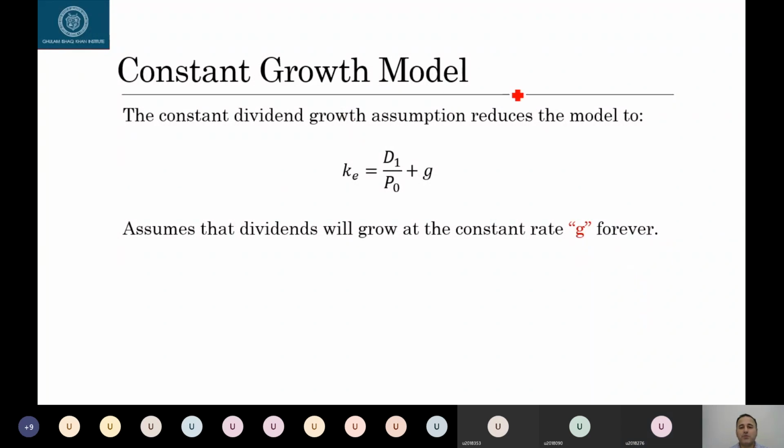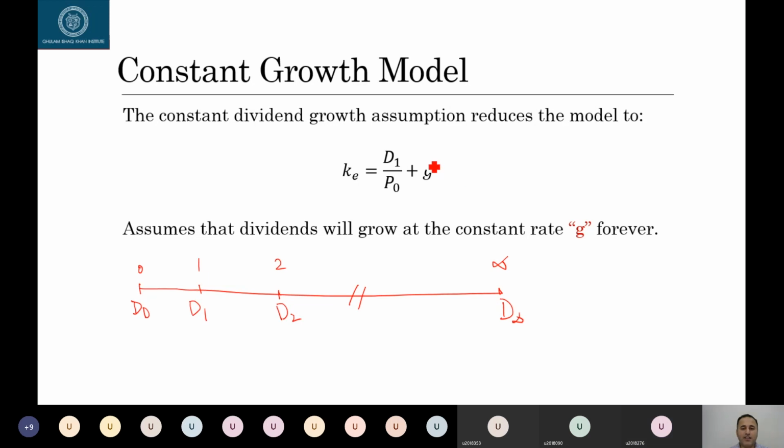The first assumption, as you remember from chapter number 4, is constant growth. The constant growth assumes that, if I put it again on the timeline, 0, 1, 2, this is infinity. Let's say dividend here is D0, D1, D2, and here it's D infinity.